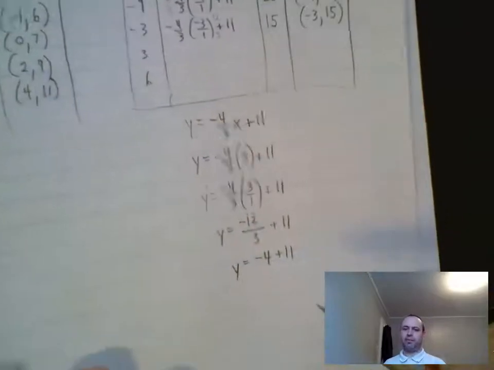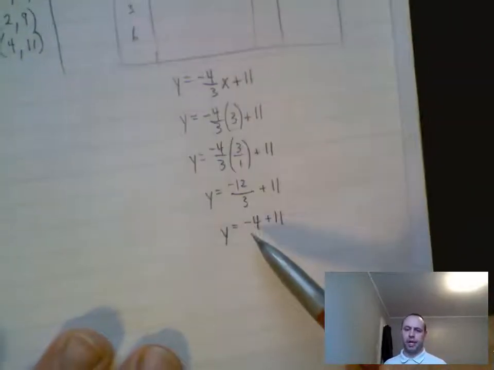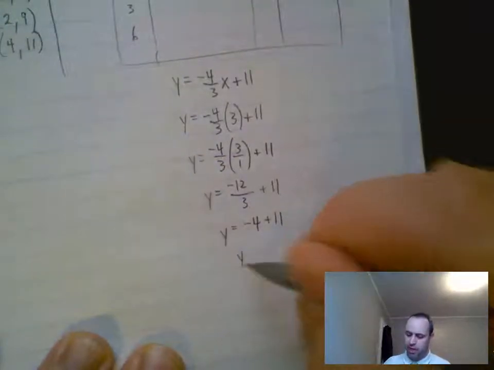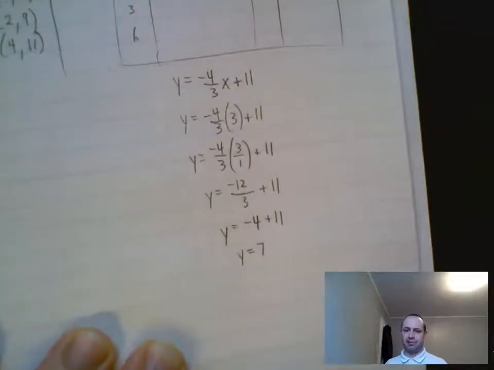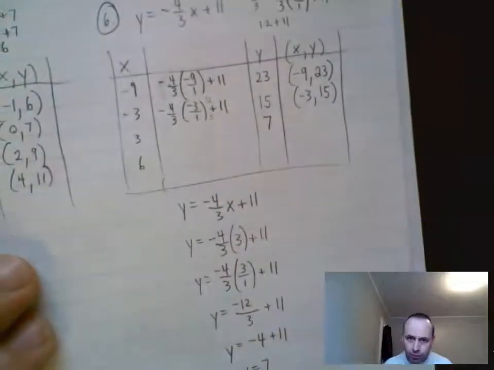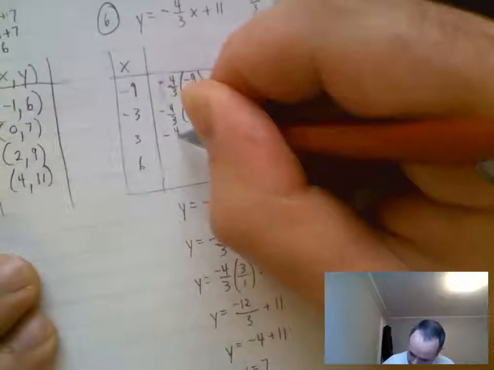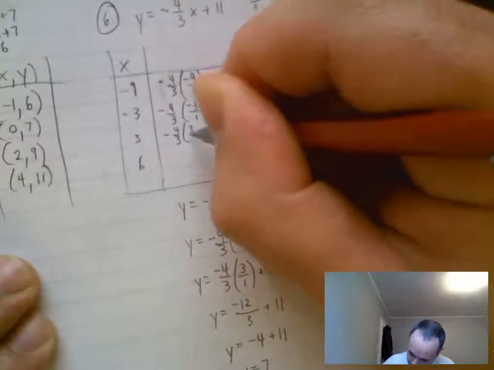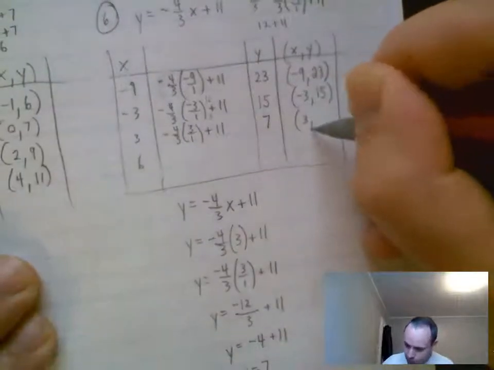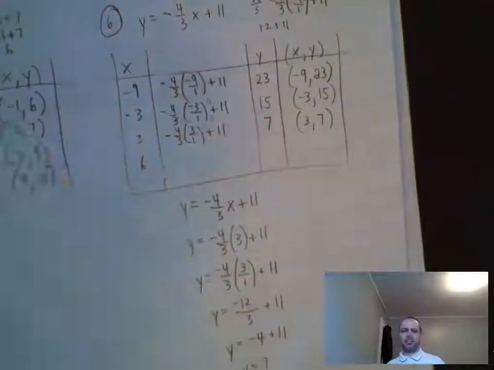And then -4 plus 11, well, think you're cold, right? Your temperature's cold. You're going to go up 11 degrees. So your answer will be a positive number. So that's y equals 7. Okay. So in this case, y is 7. So we got 3, 7.